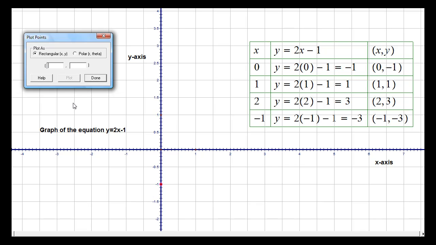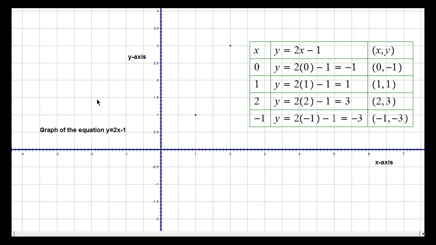It shows up right here. Then we got (1, 1), which shows up right here. Then we got (2, 3), which shows up here. Then we got (-1, -3). We don't have a good enough window to see that, but I'll pull it up for you.